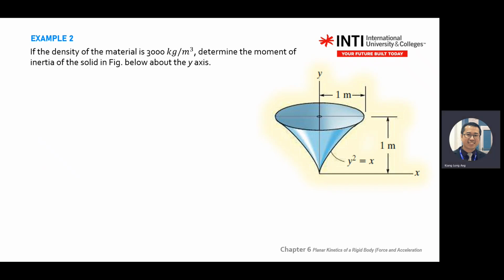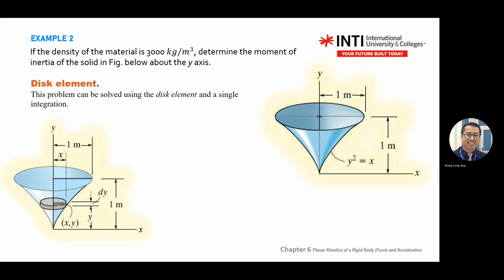But do you see Z there? Actually, there's a Z there. Okay, this one you go home and check. I'll not go into the mathematics.